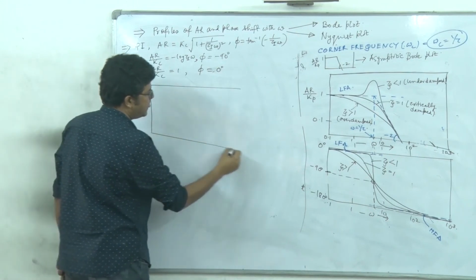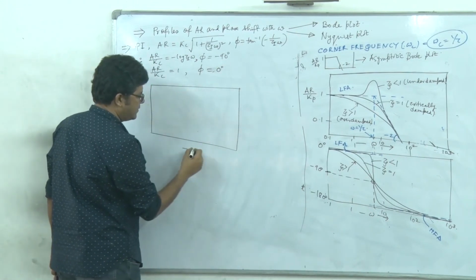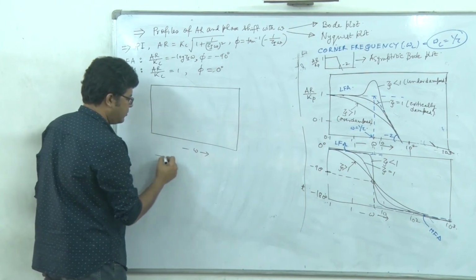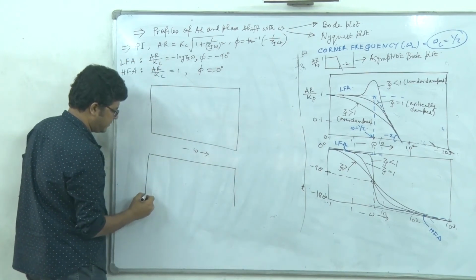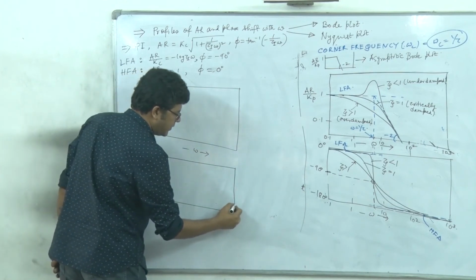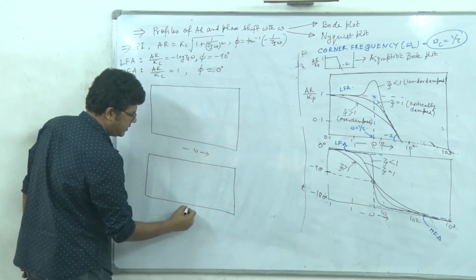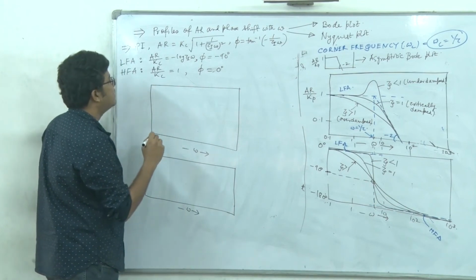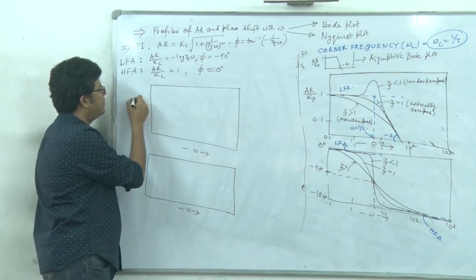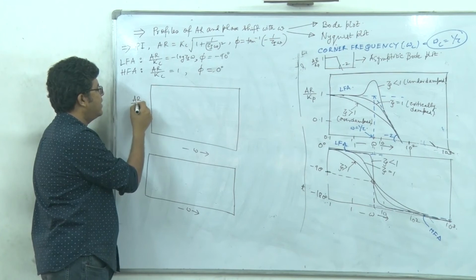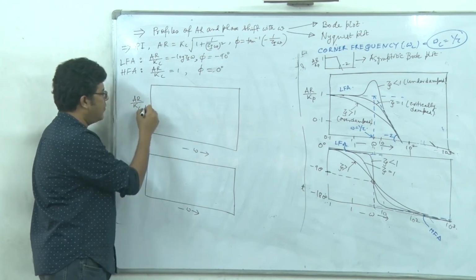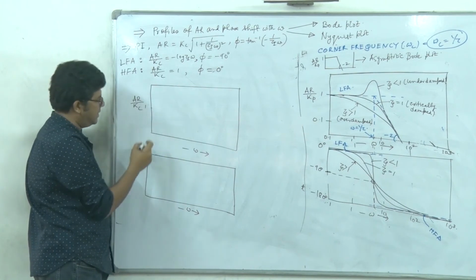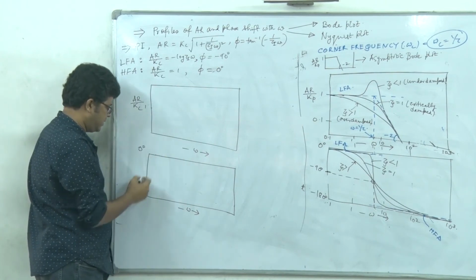So this is omega axis. I am not giving you the value because it's a general plot, right? For the omega axis, specification of the value was for initial understanding. Now it is not required. So instead of AR we can plot here AR by Kc, right? And this is say 1. And here the phi, it's 0 degree and minus 90 degree, right?